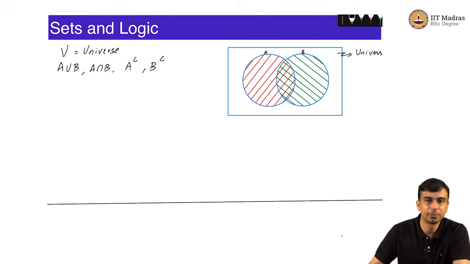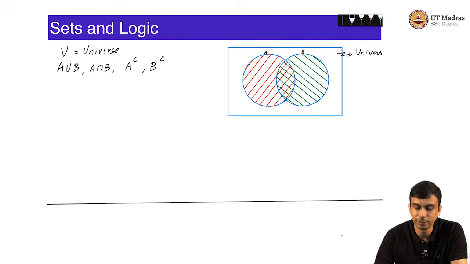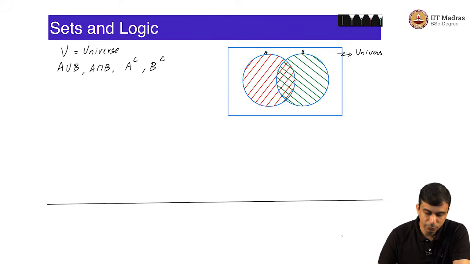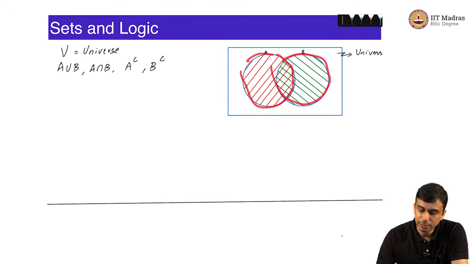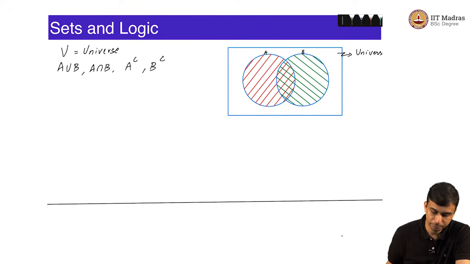These are some of the basic sets associated with a given pair of sets A and B. A union B is simply the union of both A and B. For example, if this was A and this was B, A union B is simply all elements in A and B. A intersection B is the elements that are in both A and B. A complement is simply the set of elements in the universe but not in A, and similarly B complement.